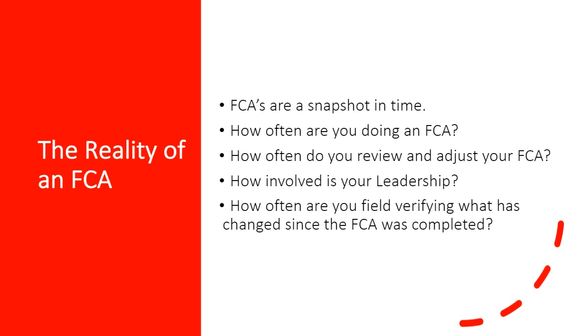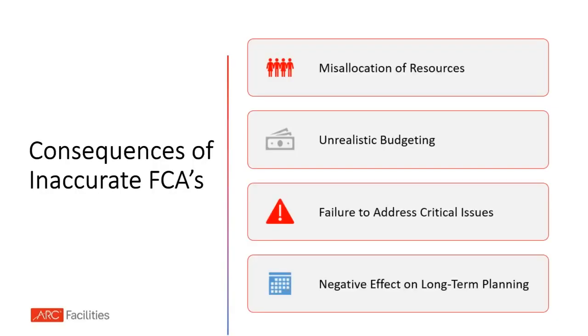So again, I encourage you to look at it from a move forward plan, but the consequences of having an inaccurate FCA are misallocation of resources and unrealistic budgeting, failure to address critical issues, and a negative effect on your long-term planning. Those are just a handful.